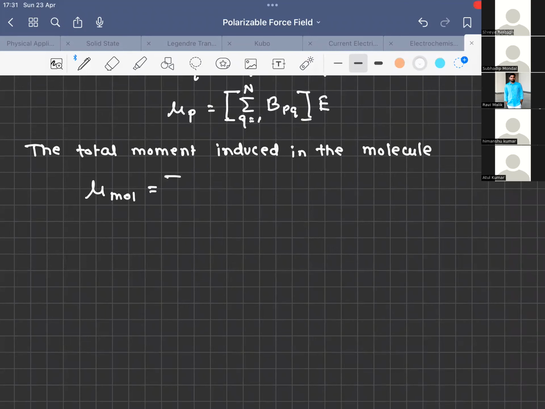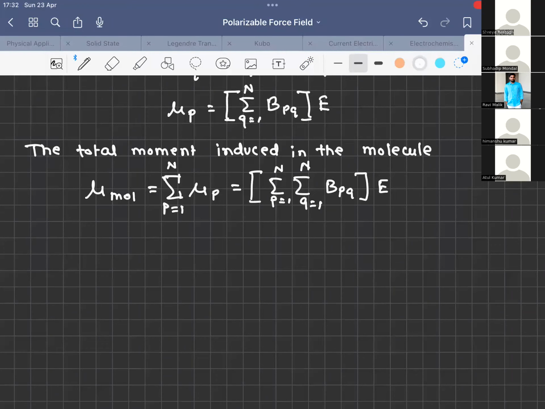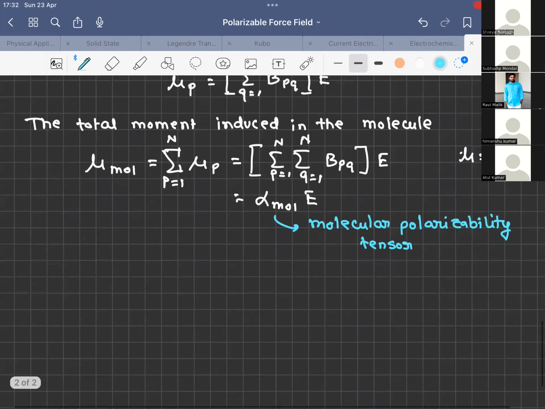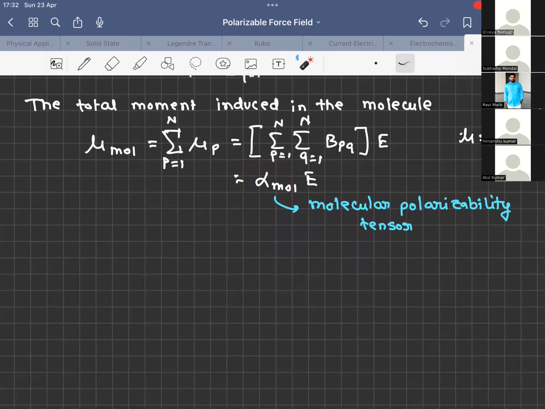Then you can add it up over the index P, and then you can add another index Q, into E. If you see this equation, it is very much similar to this equation, mu equal to alpha into E. So this summation is basically your alpha molecular. So this is your molecular polarizability tensor. So after diagonalizing this alpha mole, you can get the three components of this polarizability.